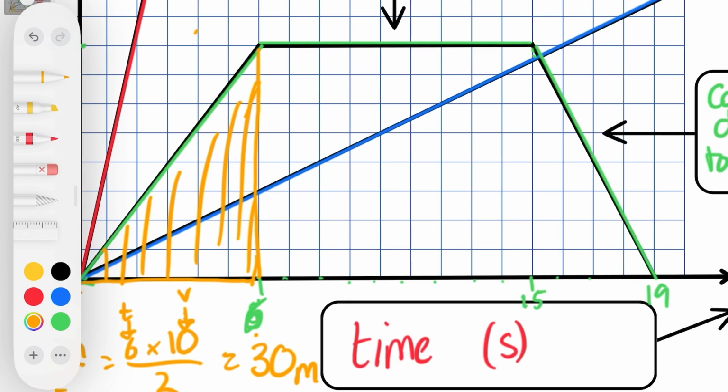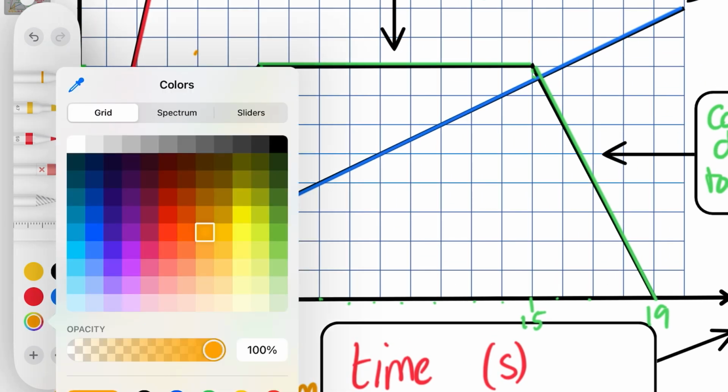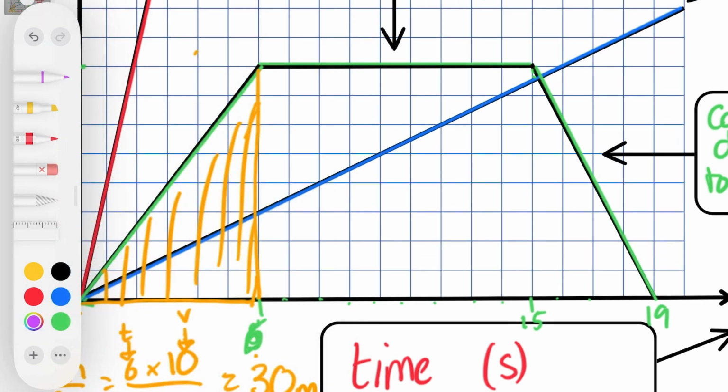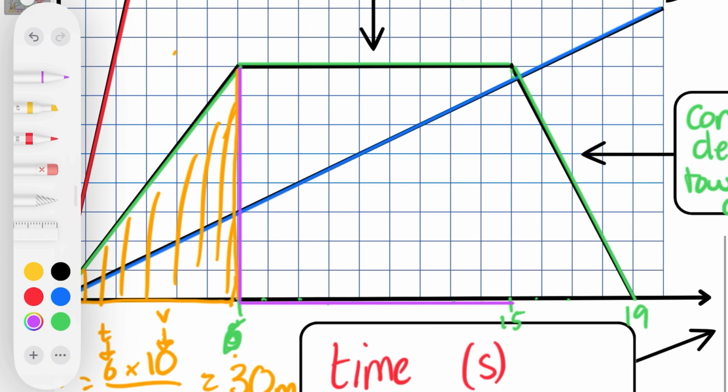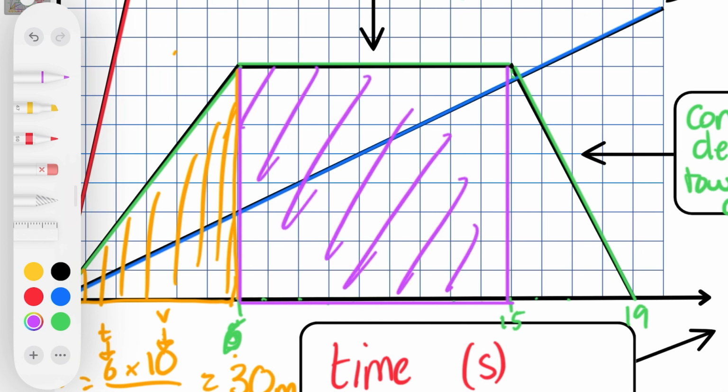Okay, you could do the same thing. Let's use a different color. So for, like, it's purpley pink. Okay, if we wanted to choose this section here, we wouldn't need that divide by 2, and we would just look at what's the distance between the 6 and the 15. So that is 9. Okay, and that is, remember, 9 seconds.